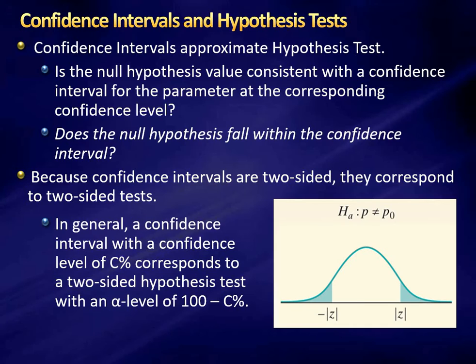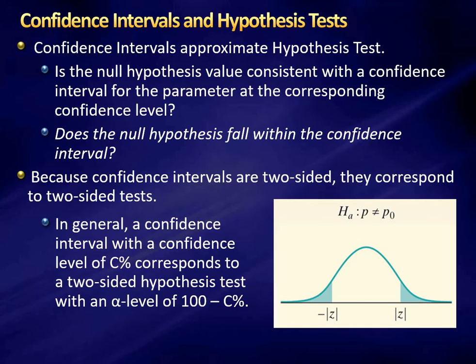Those two values mark the start and end of our interval. If we are inside that, we fail to reject. If we are outside of that, we reject. So a confidence interval has a direct relationship with the hypothesis test through alpha and your confidence level.